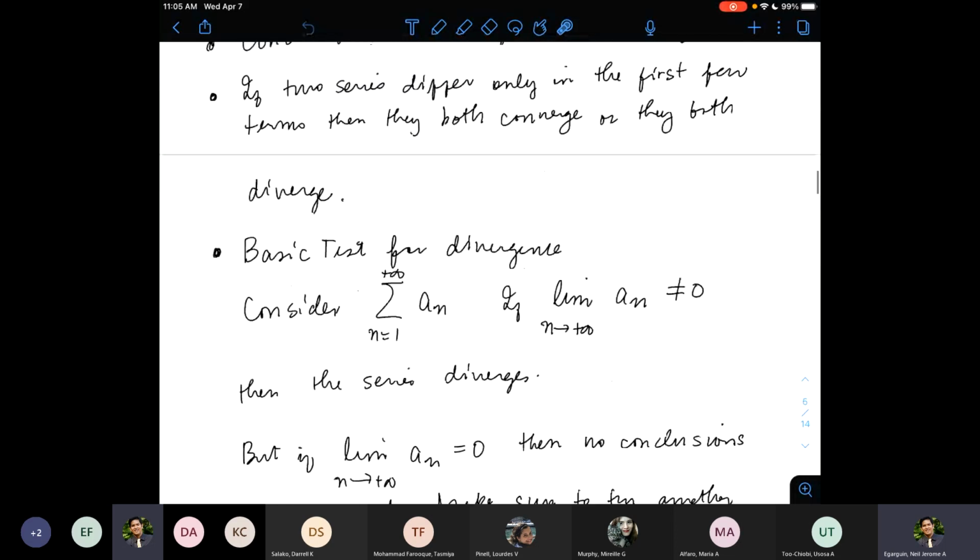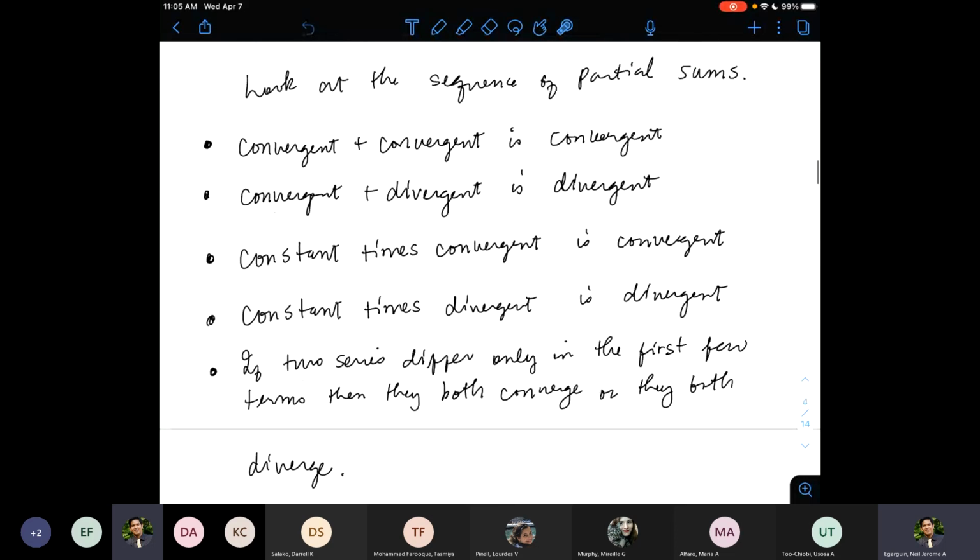But before doing that, let me just finish this recap. We also have some basic facts about series. A convergent series plus another convergent series is convergent. A convergent plus a divergent series is divergent. By the way, you could also replace the pluses here by minuses. So convergent minus convergent is convergent.